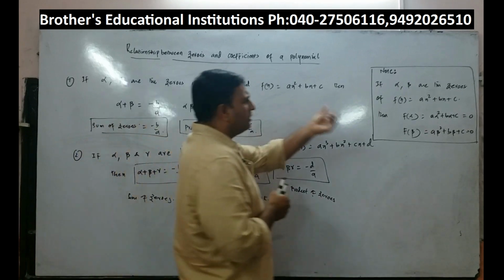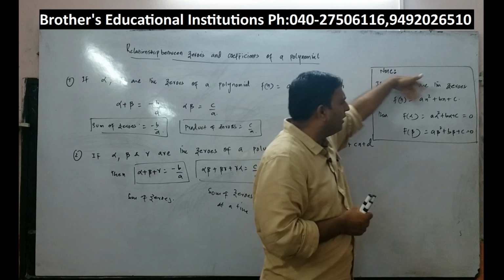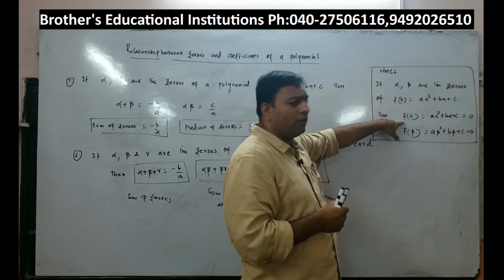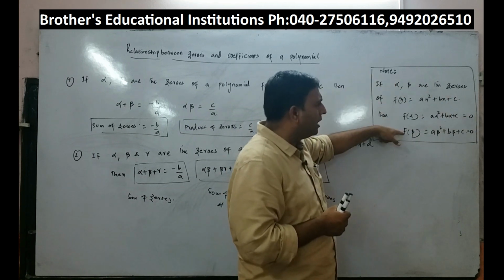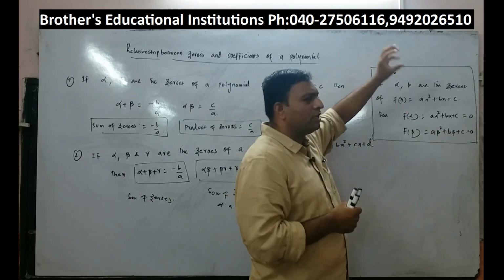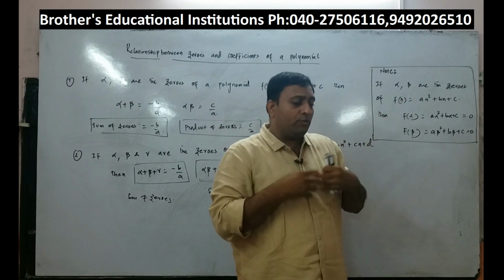Apart from that, one small note I want you to have: if I say that alpha, beta are the zeros of any polynomial x square plus bx plus c, then if you substitute the value of alpha, that will be equal to 0. Similarly, if you substitute the value of beta, that will also be equal to what? Zero. Remember, if you substitute the value of a zero in any polynomial pertaining to it, its value will be 0.